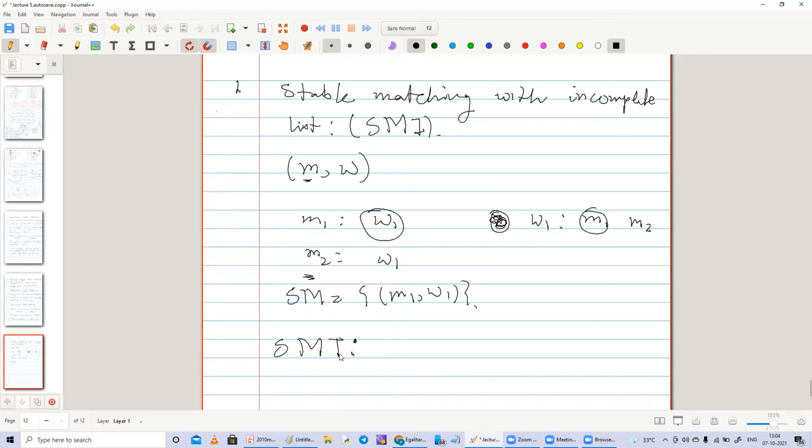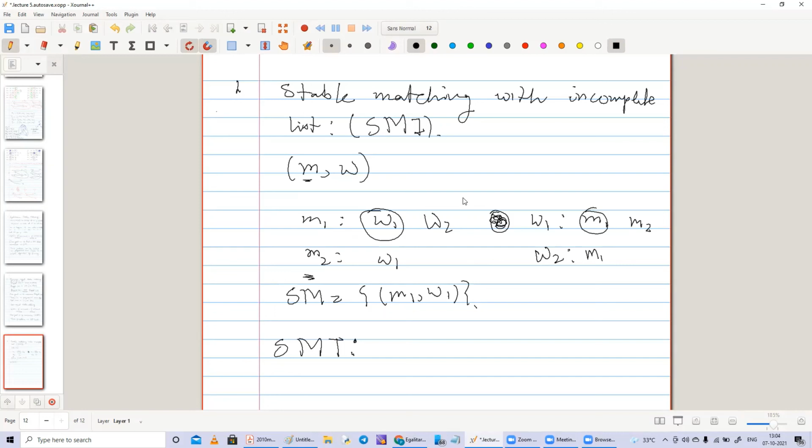In this case, W2 is not on M2's list, which means M2 does not want to be matched with W2. Suppose there is W2 and M1 also here. So W2 and M2 don't want to get matched with each other.